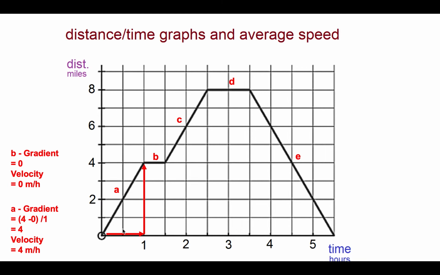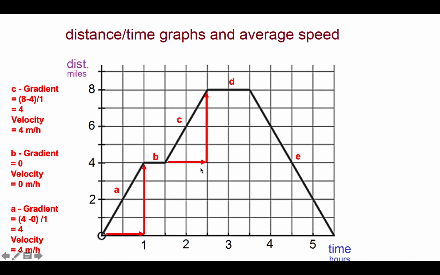Okay, so now let's look at C. For keen eyes amongst you, you'll notice it's got the same steepness, the same gradient. So the velocity at this point should be the same. Well, let's have a look. Our change in y is 8 minus 4. We've gone up 4.